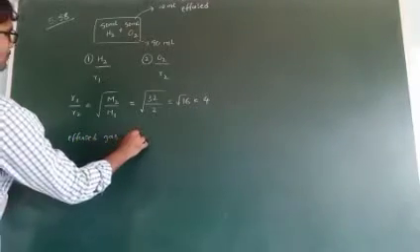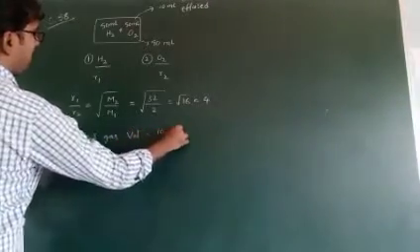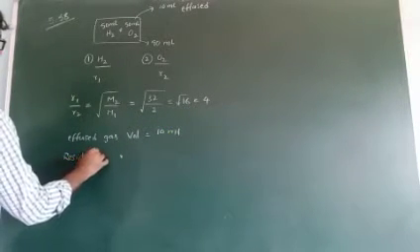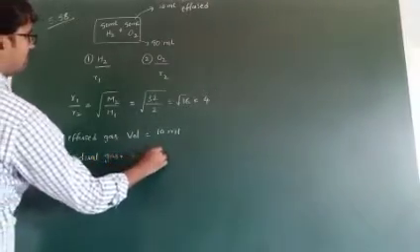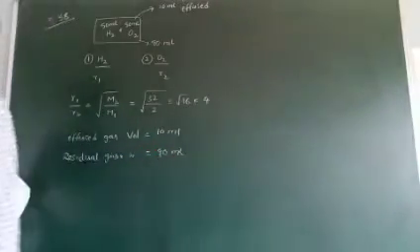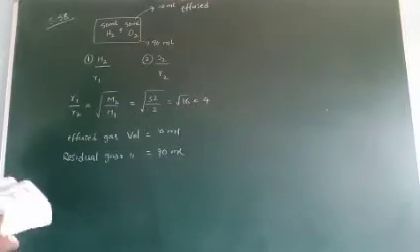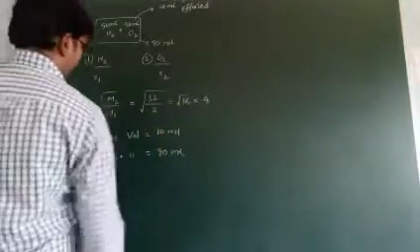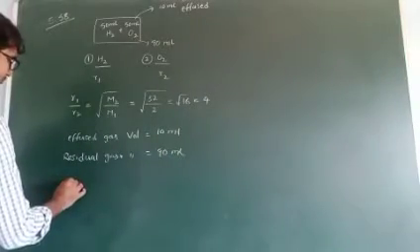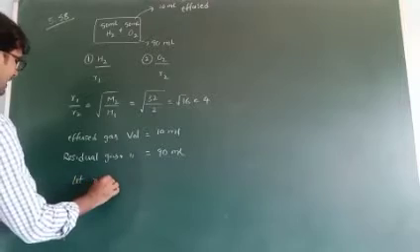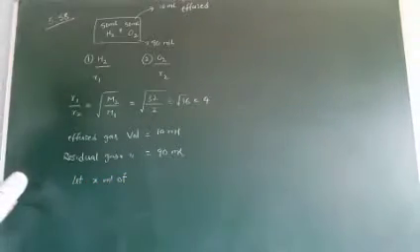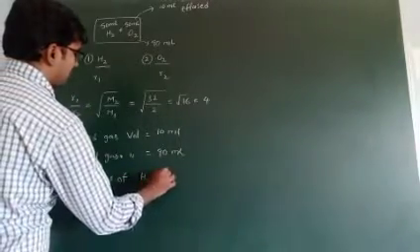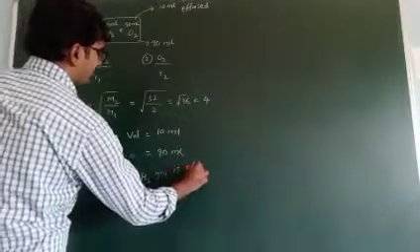Effused gas volume is equal to 10 ml. Residual gas volume is equal to 90 ml. It is very clear. Now, first we have to calculate for this one. For example, let x ml of H2 gas be effused.